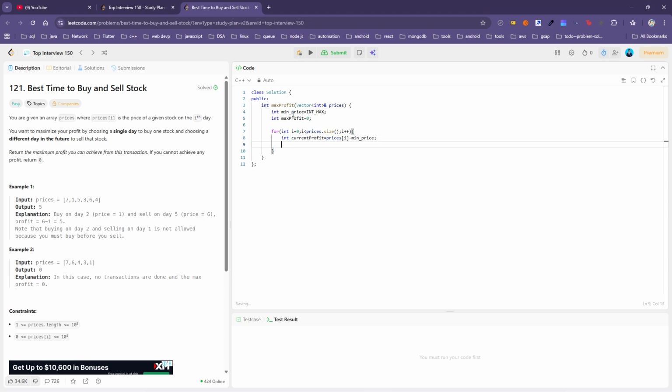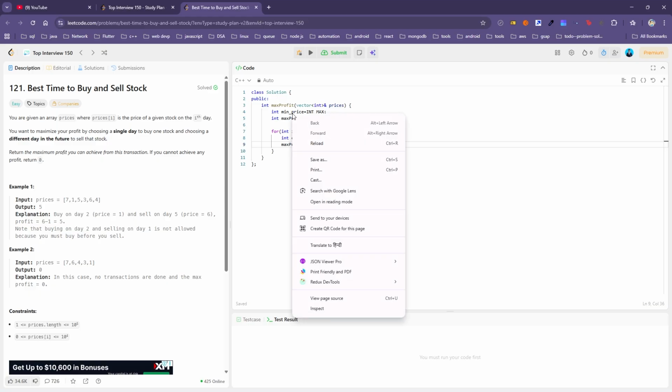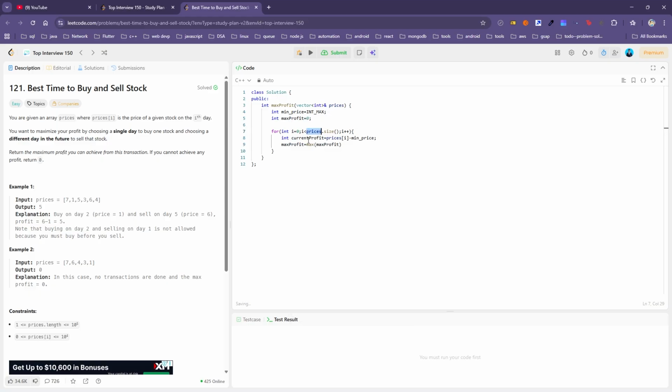So if current profit is maximum, we will update. So maximum profit will be maximum of either the maximum profit in the past you already made, or the current profit. Okay, now if the prices at I is less than, so we have to also update the minimum price, right? So minimum price is minimum of either the minimum price in the past, or this can be the minimum price.